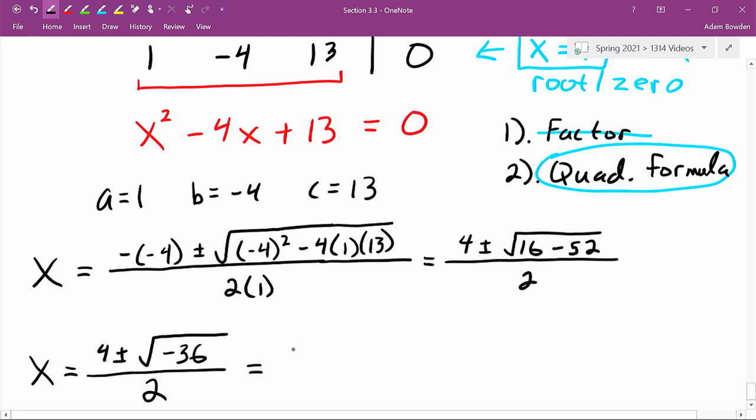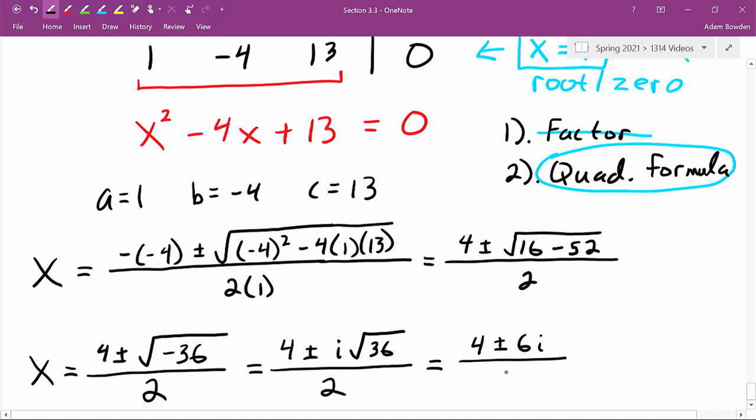So now we have the square root of a negative number. I'll put an i out in front and change that to a positive 36. So the positive 36, the square root of that is just 6. So we have 4 plus or minus 6i all over 2. And another cool thing is everything here divides by 2. 4 divides by 2 to 2, plus or minus, and 6 divides by 2, you get 3.